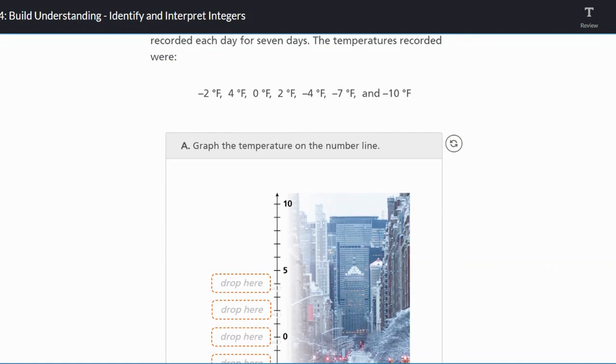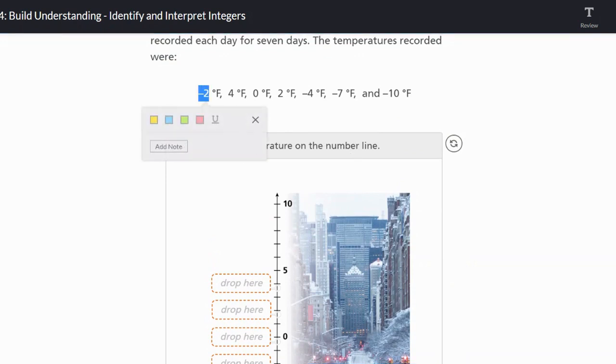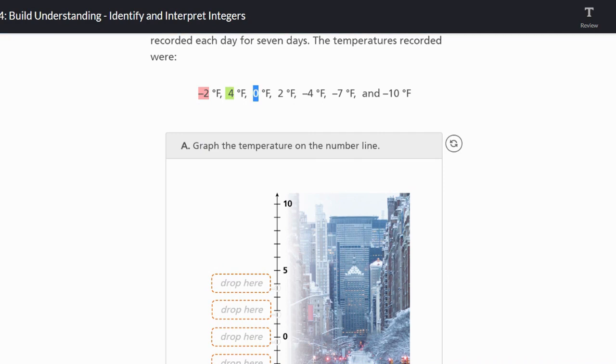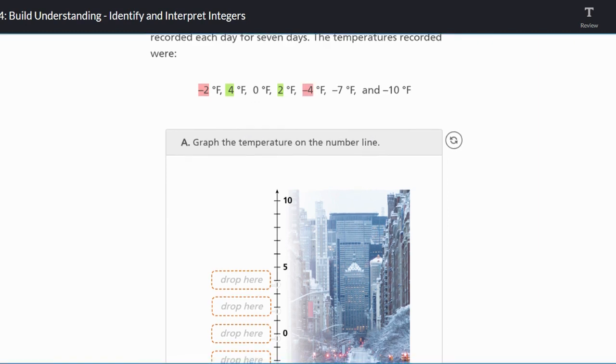Okay, so something that's helpful for me is when I see a negative number, I like to mark it in red. You do not have to, but that's how I do it with your bank accounts. 4 would be green. 0 is in the middle. It's neither positive or negative, so I wouldn't color that. 2 would be green. -4 would be red, and so on. Okay, so this is really helpful for me when I'm thinking about integers.